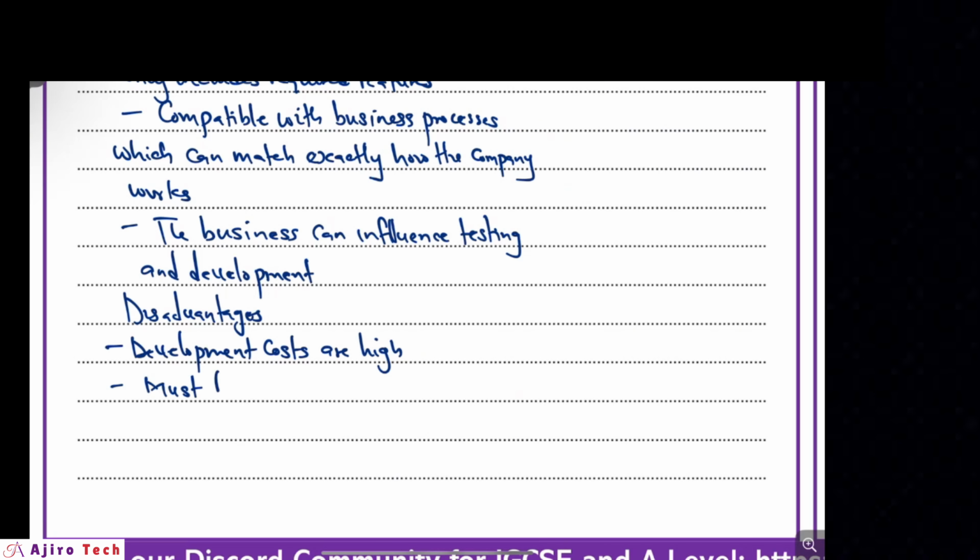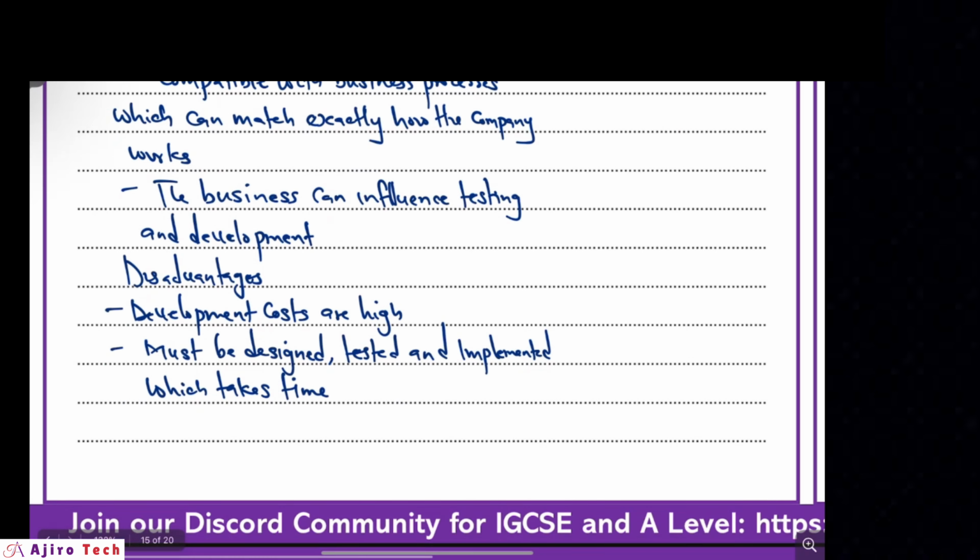Must be designed, tested, and implemented, which takes time. May contain errors during what? Development.